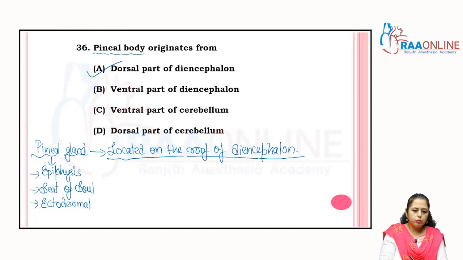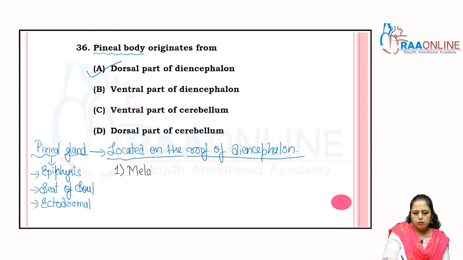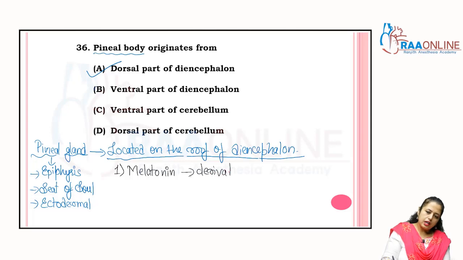It secretes 3 hormones. First one is melatonin, which is responsible for the circadian rhythm actually, and that is a derivative of tryptophan amino acid, right?